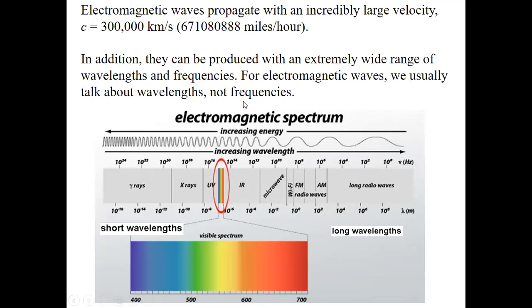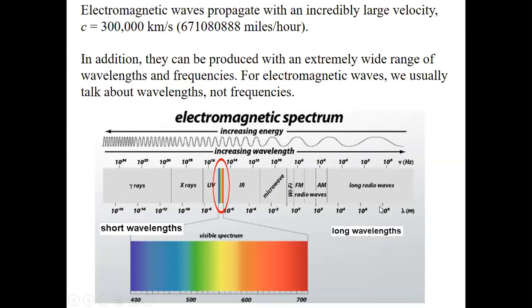Well, in the electromagnetic spectrum, we can see a huge range of wavelengths. In this one, the bottom line represents the wavelength. It starts from 10 to the power minus 16 and goes all the way up to 10 to the power 5.